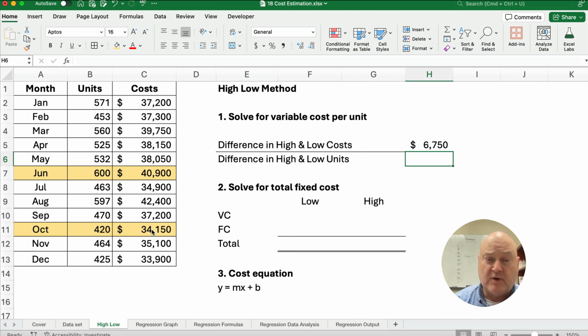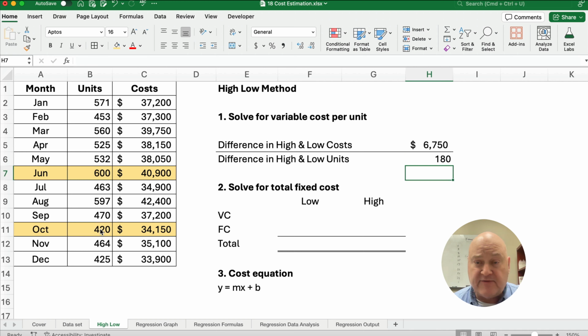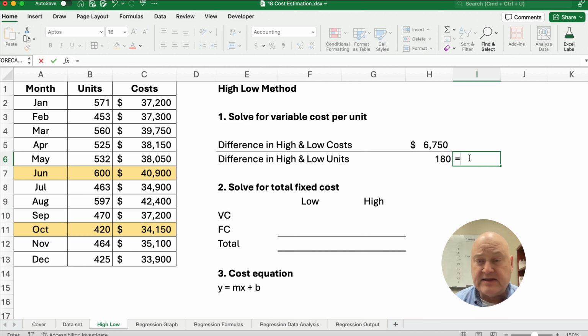Now, what we're saying is all those extra costs have to be variable costs, not fixed. And so what we're going to do is say, well, how many units did that increase? Well, 600 minus the 420, and we're left with 180. So what we're saying is if our units go up 180, our costs went up 6,750.